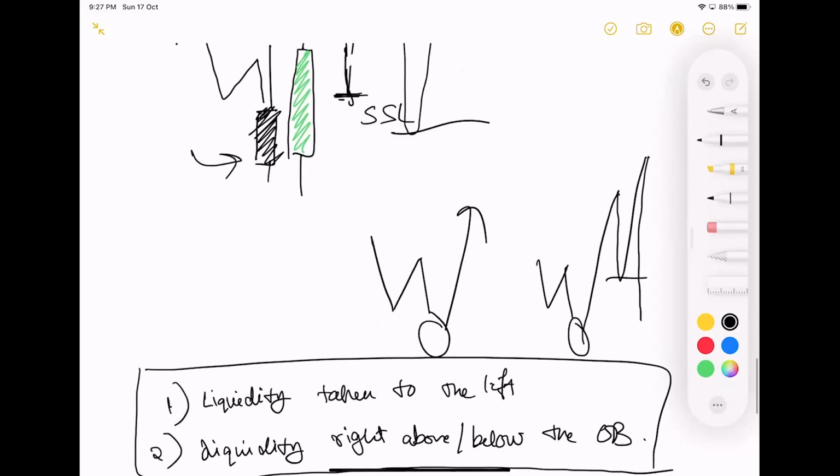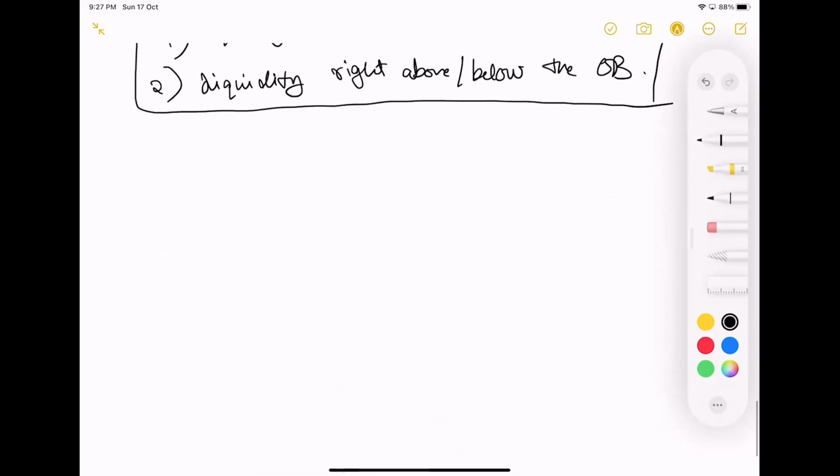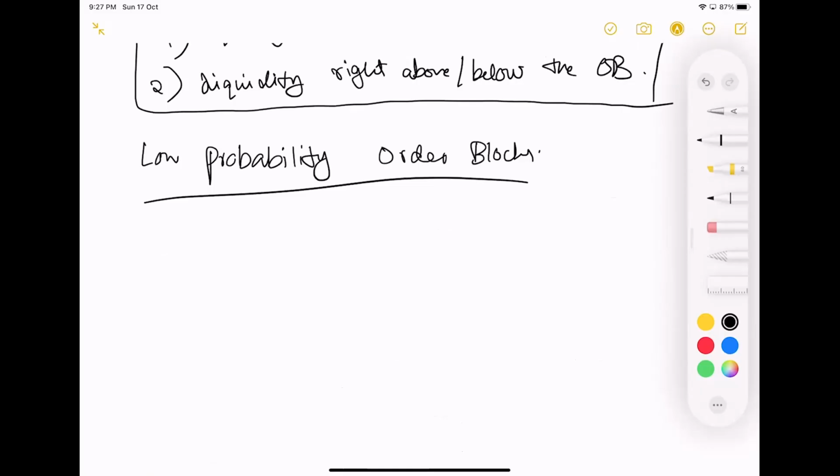So now low probability order blocks would be this. We understand that the order block needs to take liquidity. Now, what if you have this? You have low, and then you have this one.